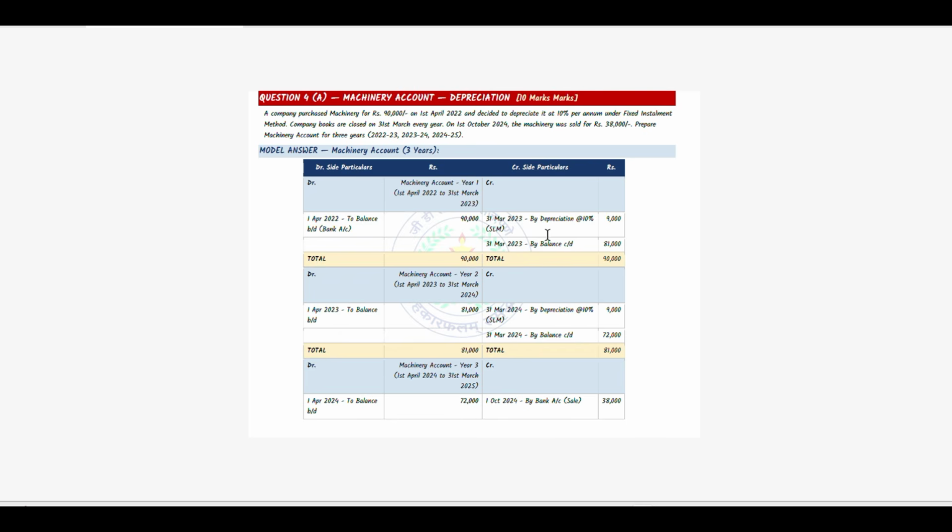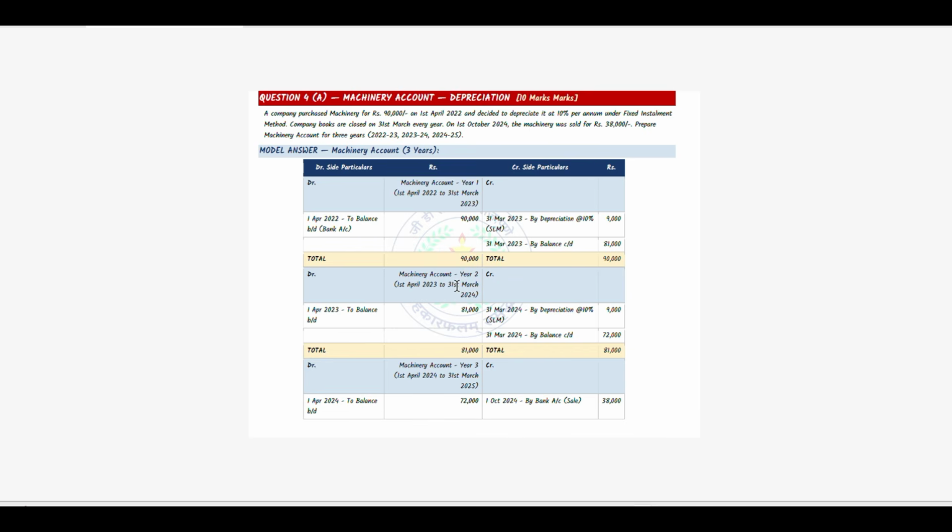Here I can say the SLM method is used, so 9,000 every year we have to reduce from the current balance. So on 31st March 2023, closing balance will be 81,000 rupees. In the balance you can mention 90,000 as it is: 9,000 plus 81,000 rupees.